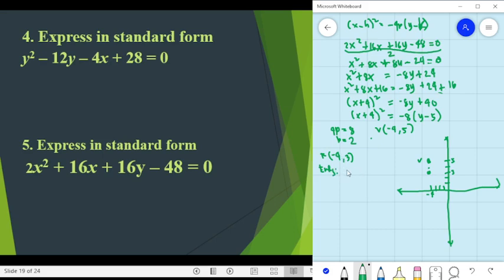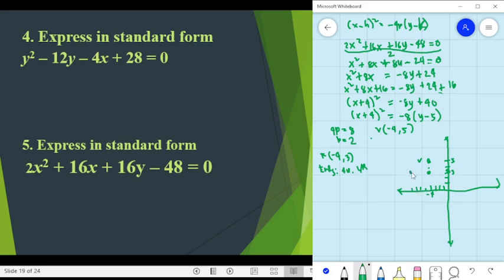The ends of your LR: the length of the latus rectum is 8, which means 4 units left or right of your focus. So from here, 4 units, 1, 2, 3, 4. Then 1, 2, 3, 4.